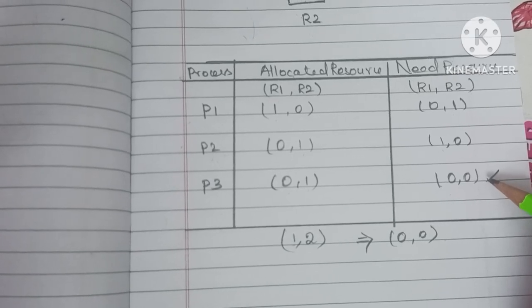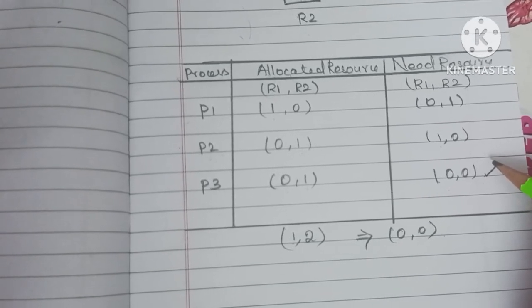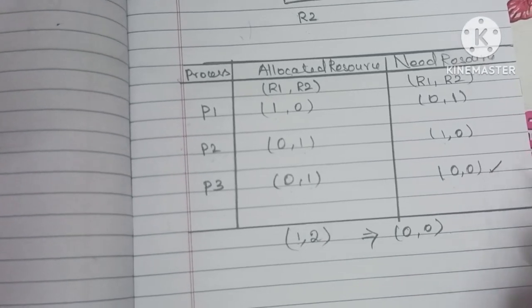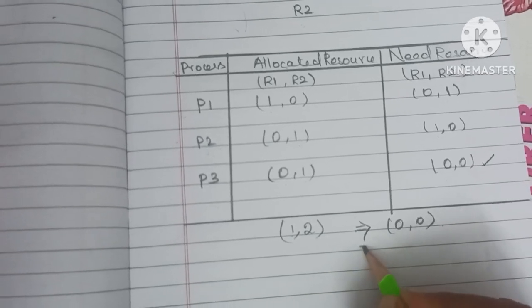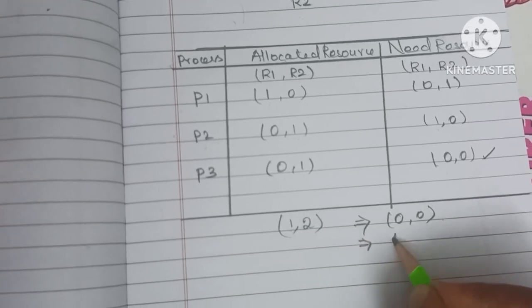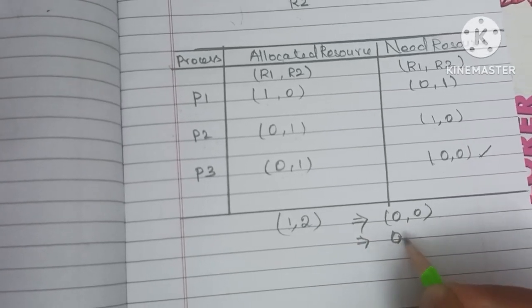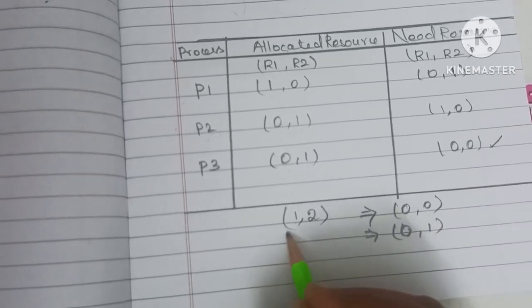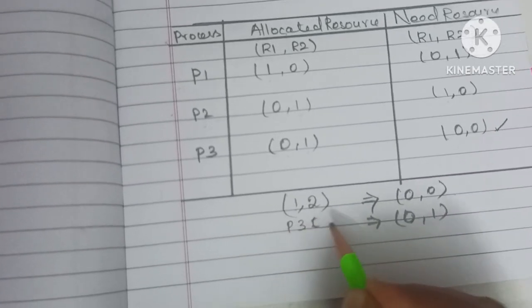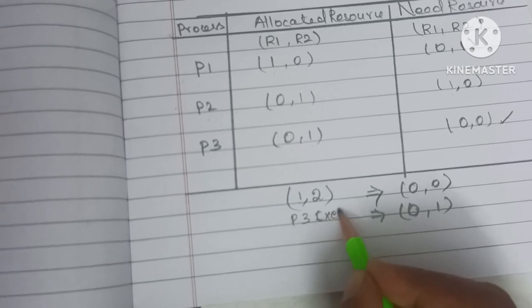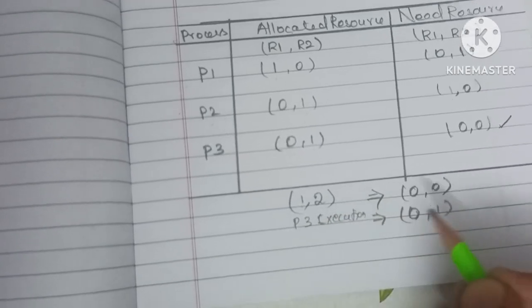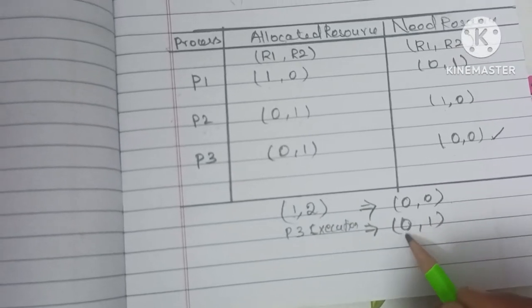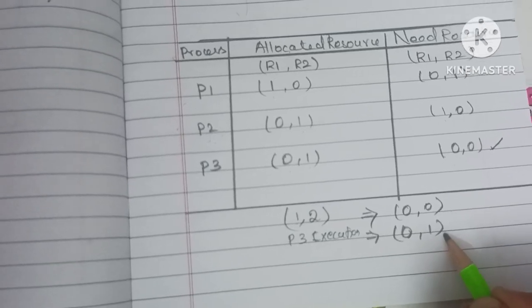Once we execute the process P3, it will release one instance of R2. So now the currently available resource is 0, 1 after P3 execution.